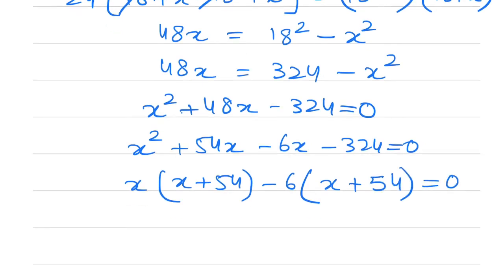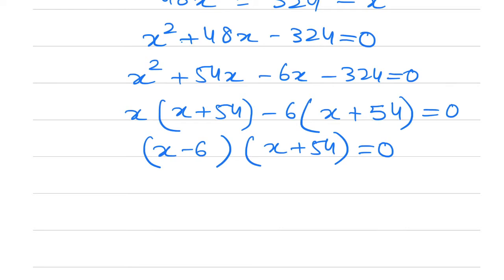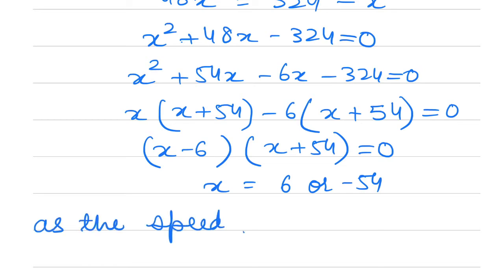So we get factors as x minus 6 and x plus 54 equal to 0. So x would be equal to either 6 or minus 54, as the speed cannot be negative.